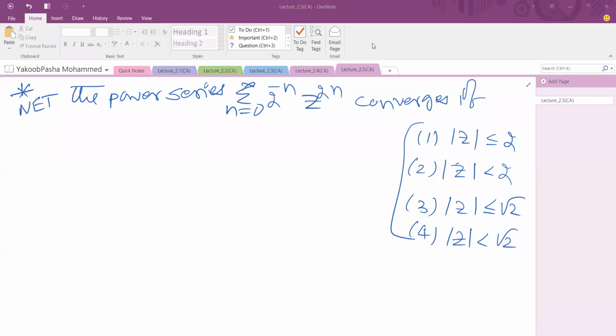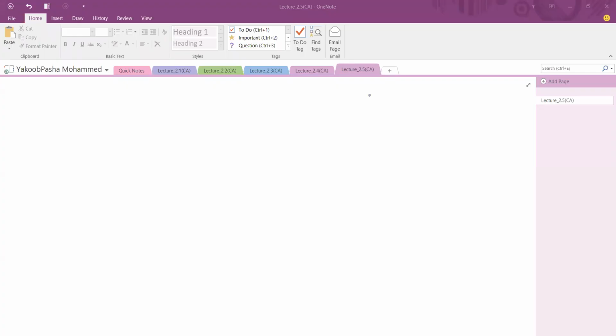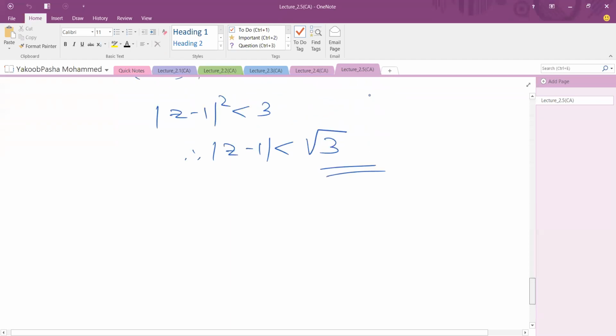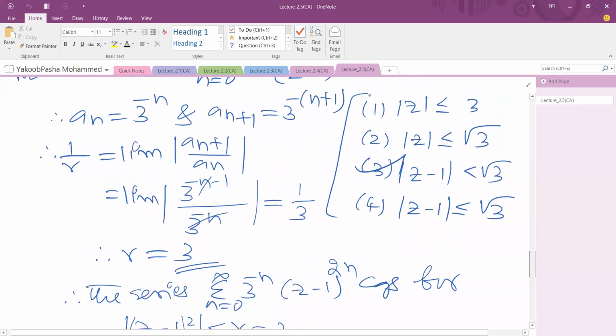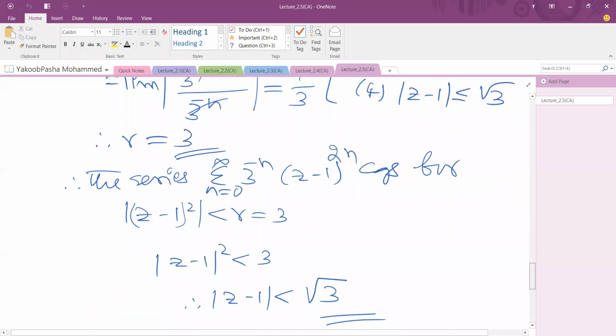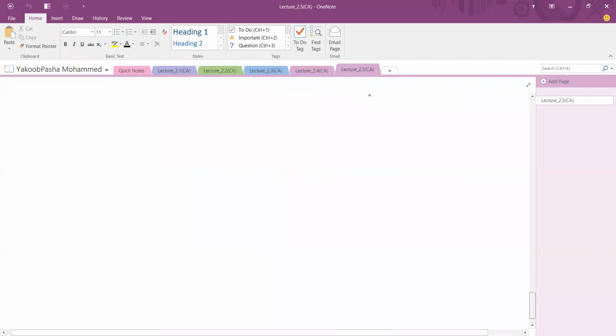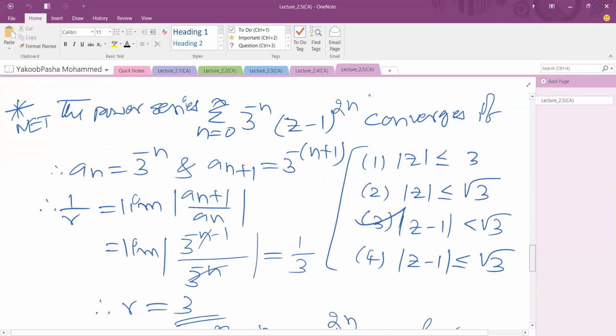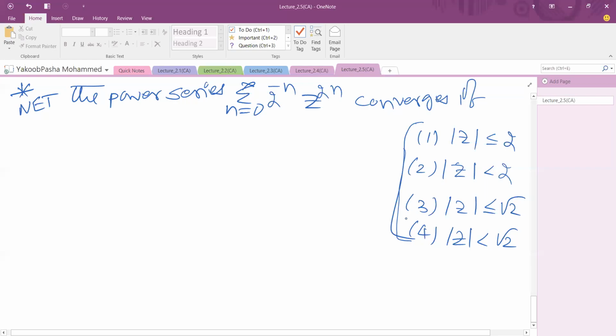Okay. Now this is the same procedure. I am taking an is equal to 2 power minus n. Then we can directly apply the root test.